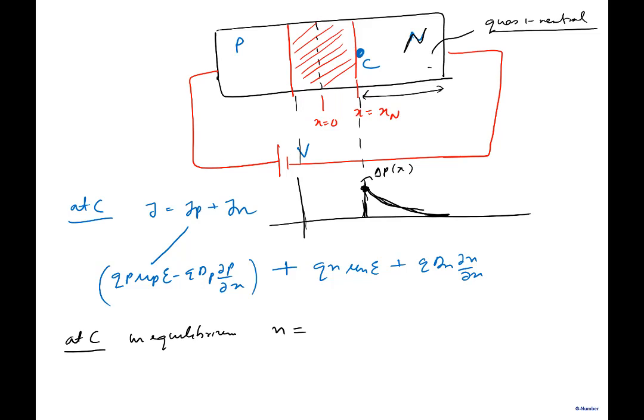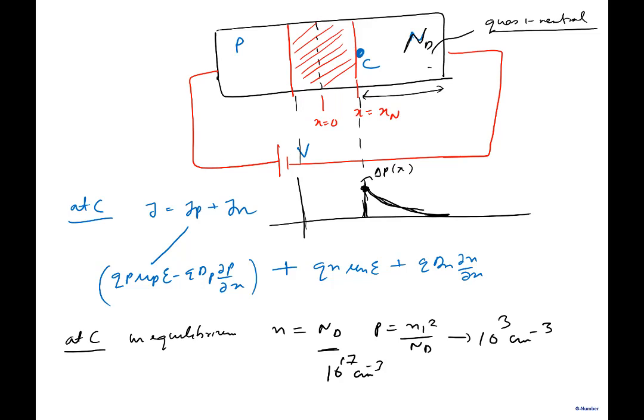N equal to Nd. And the number of holes is ni squared over Nd, right? So let's say Nd is 10 to the power 17, and we are talking about 10 to the power 3 holes. So 10 power 17 and 10 power 3.